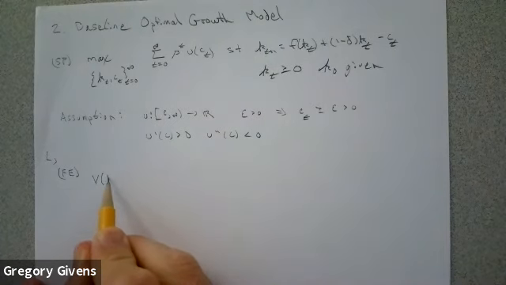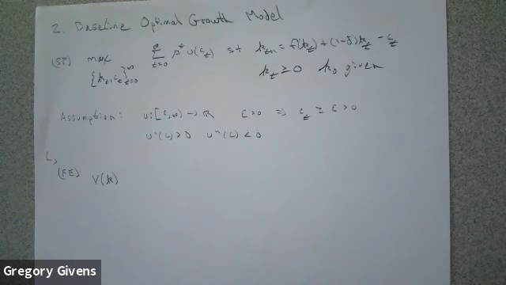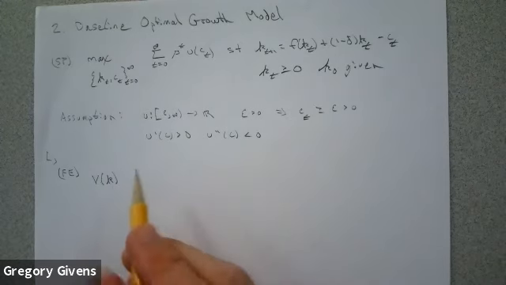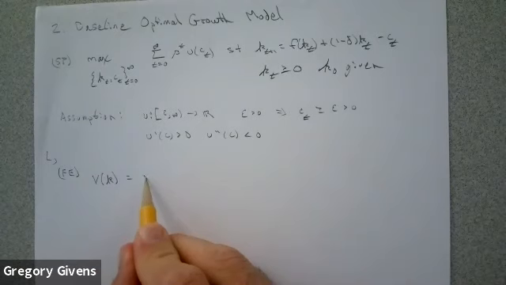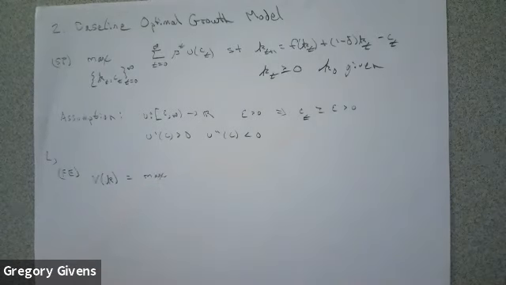So the value of pursuing an optimal policy over time is given by V, right? Where the state variable is the current stock of capital, or k_t. That's equal to the max of what?